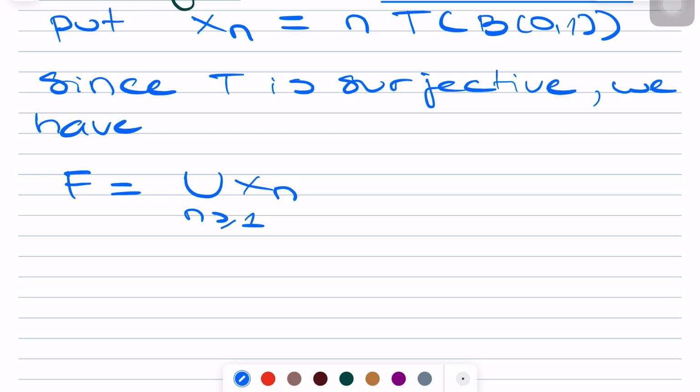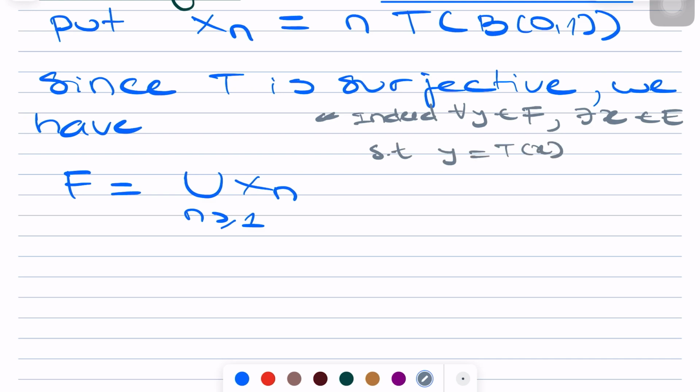Very quick proof of this statement. Indeed, for every y in F, note that if y equals 0, then there is nothing to show. So for every y in F, we may assume that y is different from 0. So there exists x belonging to E, this is the definition of surjectivity, such that y is equal to Tx.